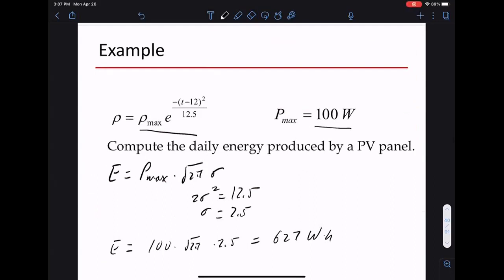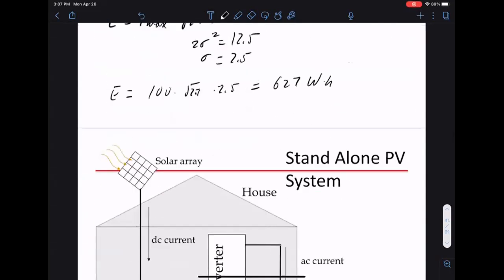Okay, so this is sort of the bulk computation, right? So this doesn't necessarily have to do with how each solar cell is made. If you know these kinds of parameters, you can compute the power from the array or the total energy generated by the array.